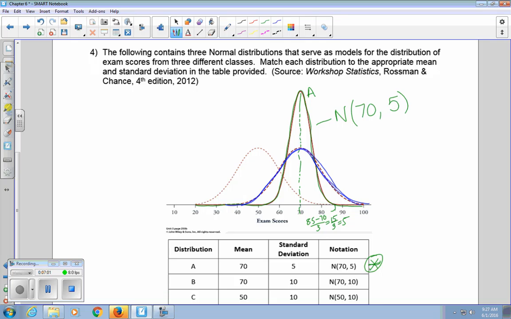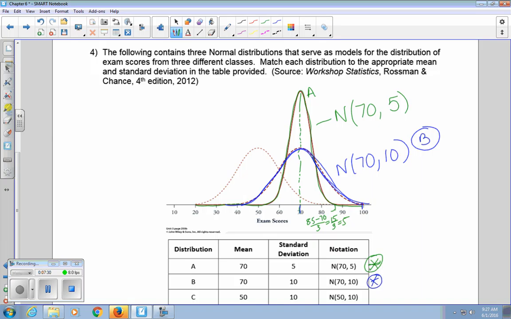In fact, it looks like 3 standard deviations from the mean bring you to 100. So this curve looks like it's centered at 70 and probably has a standard deviation of 10. And that would match down here with B, class B. So this curve is class B.